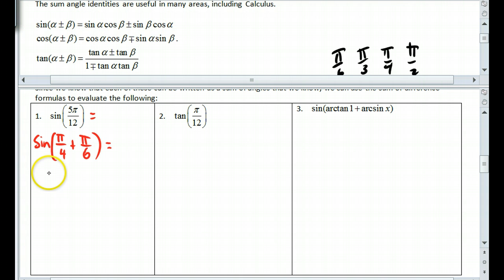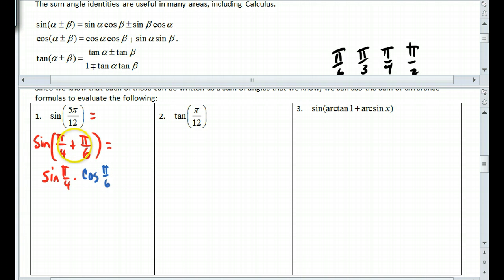So I need the sine of the first angle. So this is sine of pi over 4 times the sine of pi over 6. Oh, I already made a mistake. So this is my alpha, this is my beta, so it would be sine of pi over 4, which I have there, and then it'd be cosine of pi over 6. That'd be my next term.